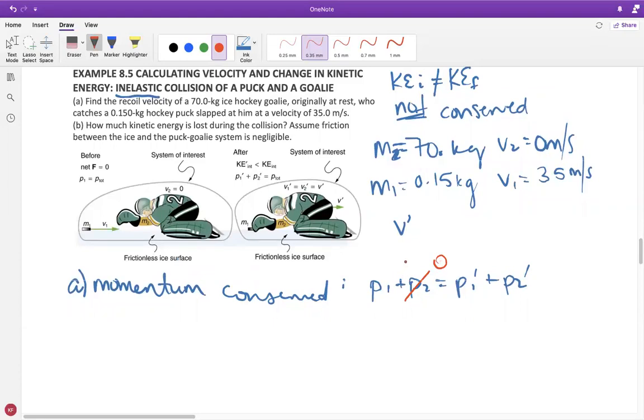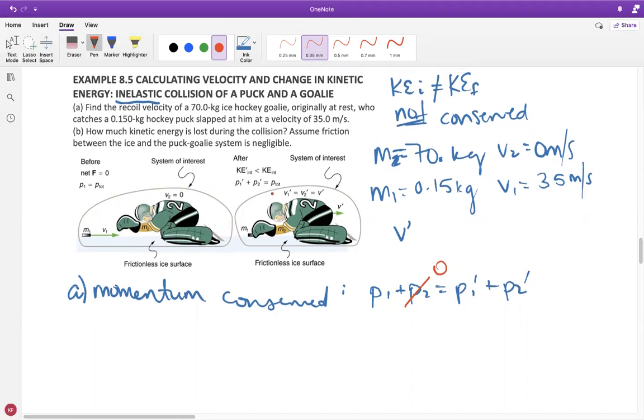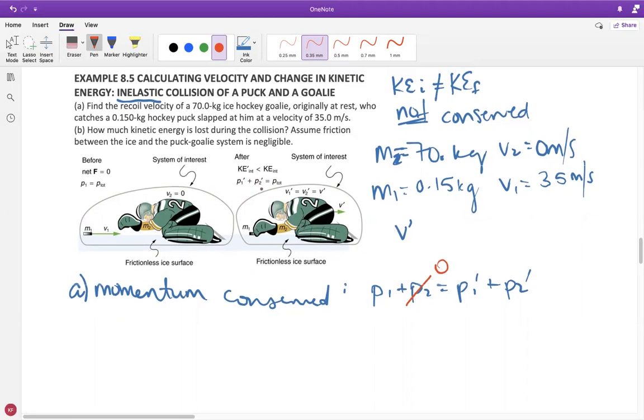One other thing to notice, you can see in the graphic that the puck initially is going at some speed V1, and then the goalie stops it, and they both get pushed back with some velocity.